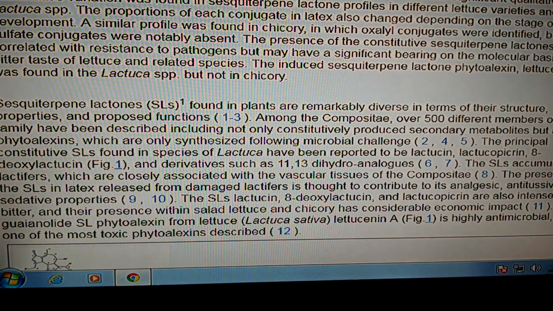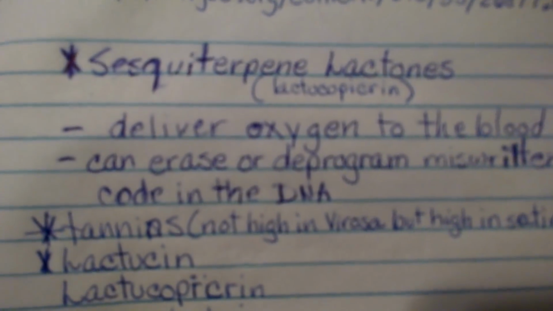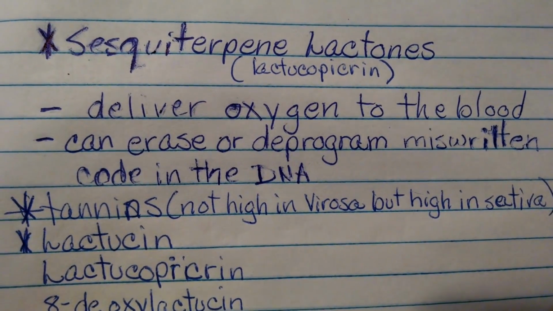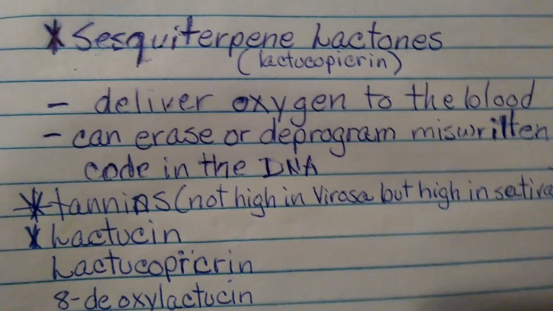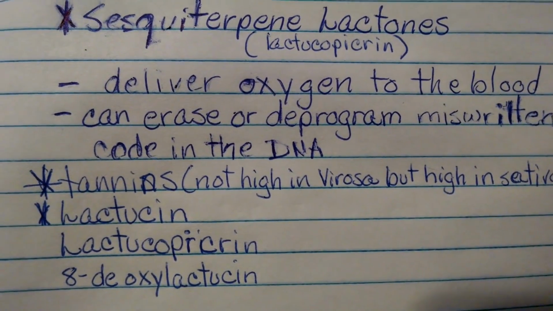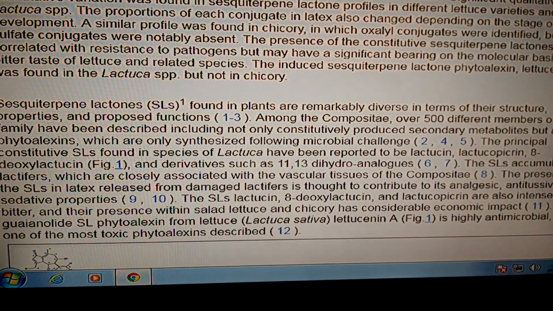Now, what this does, I'm going to put it right here so y'all can see it. It delivers oxygen to the blood and can erase or deprogram miswritten code in the DNA. Wow. Just wow.